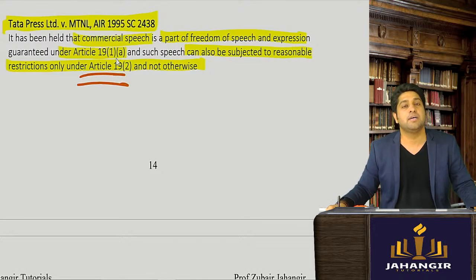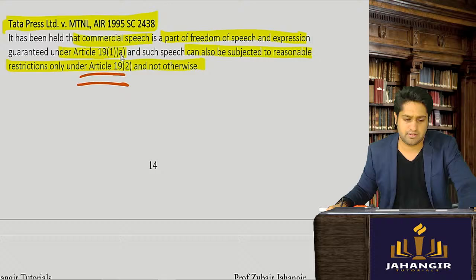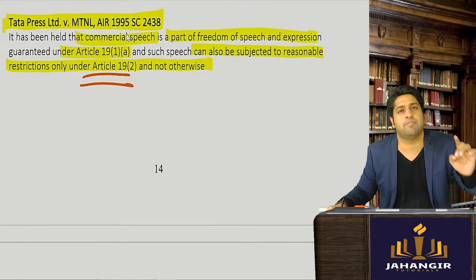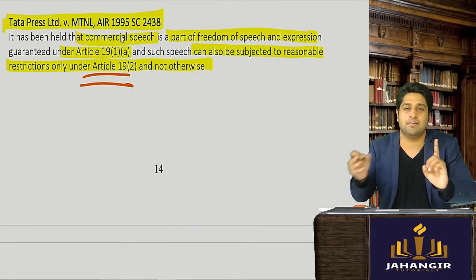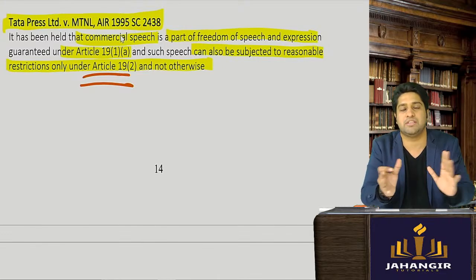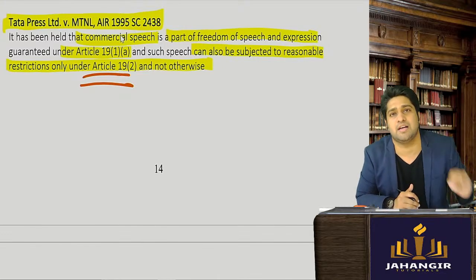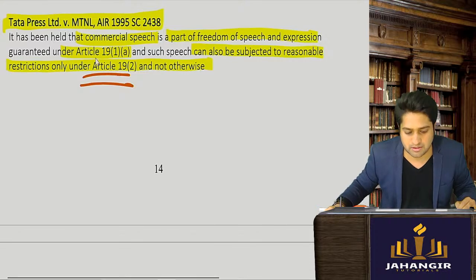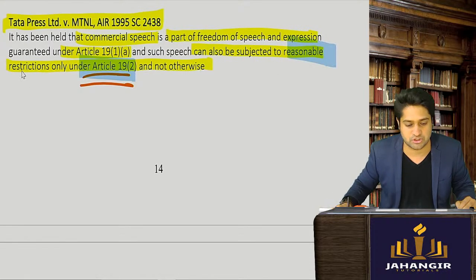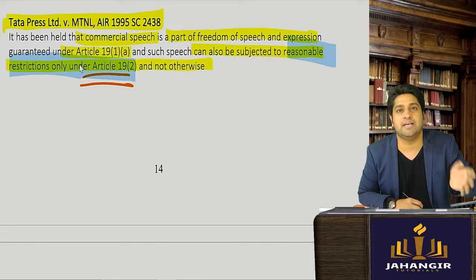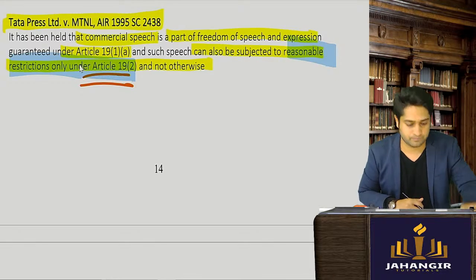Very, very important that press or anyone can be restricted. So I know you all know that there should be reasonable restriction, but under which article is it given? So remember that the reasonable restrictions are given under Article 19 Sub-Rule 2.